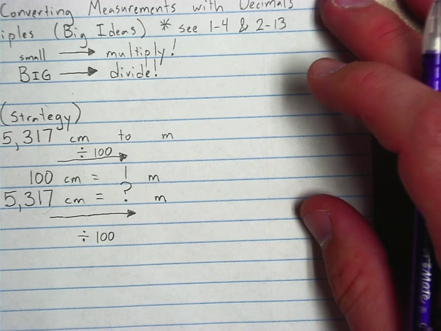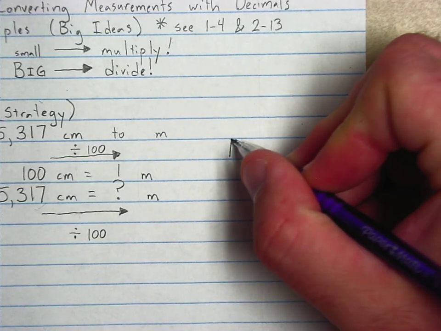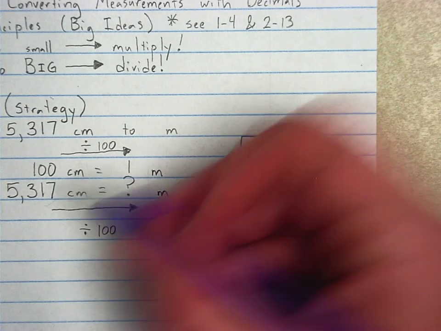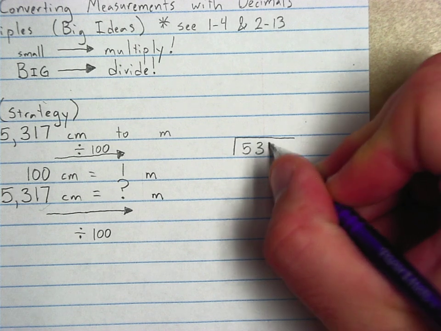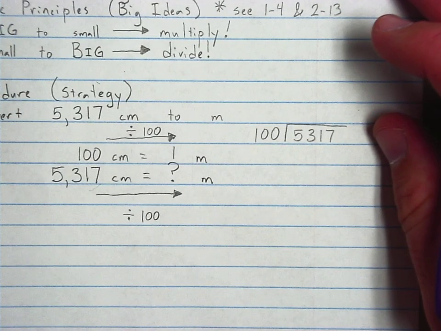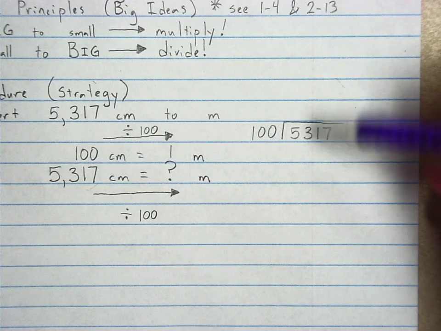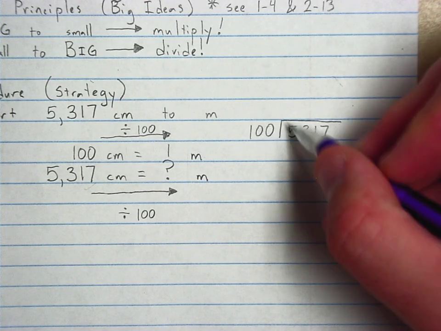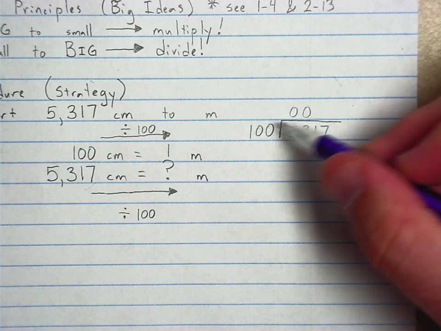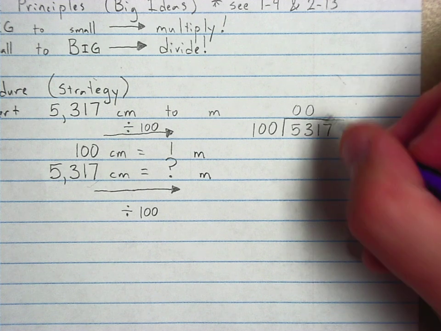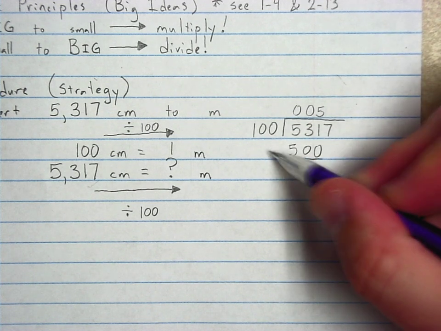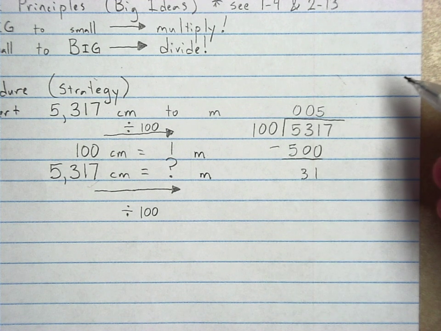Now I can do the long division. Draw my division hut. Here's my dividend, 5,317 divided by 100. And I'm going to go ahead and do this. But I'll be honest, this is not my favorite. It takes a while. 100 into 5 doesn't work. 100 into 53 doesn't work. 100 into 531 works 5 times. 31.